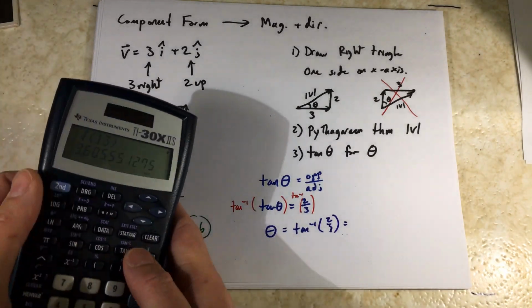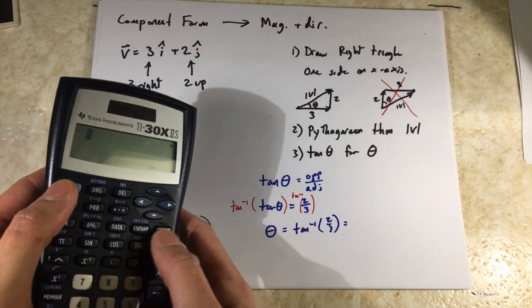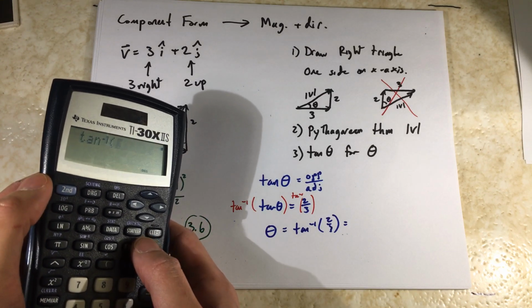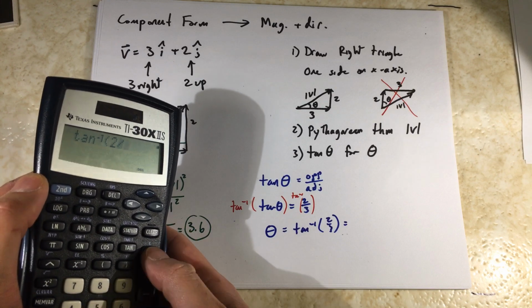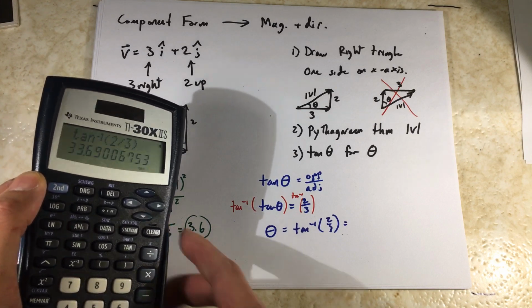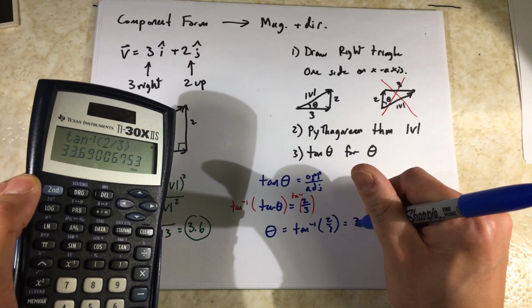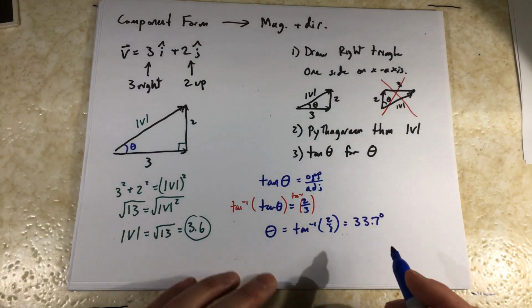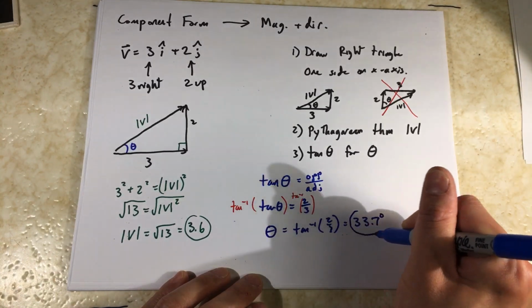And if I do tan inverse on my calculator here, it's second button, tan, and I get the tan inverse of 2 divided by 3. I get 33.7 degrees. Okay, so that's my angle.